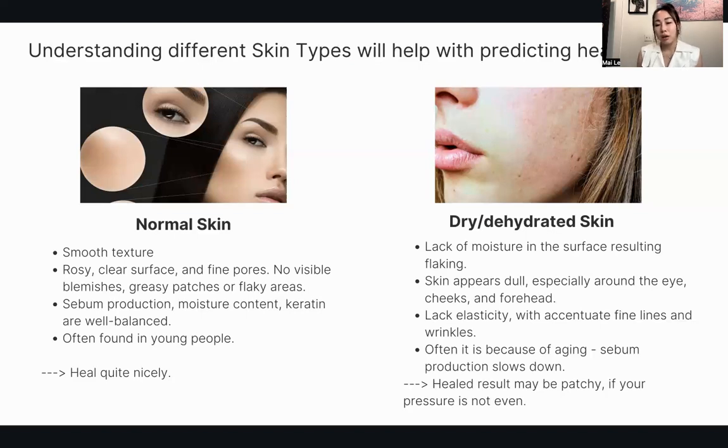So you want to be careful when working with this type of skin, because it doesn't have the oil production underneath the skin like oily skin. The pigment you lay underneath the skin doesn't disperse, if that makes sense. So if your pressure is accidentally stronger at a certain area or point, it's going to show right there.